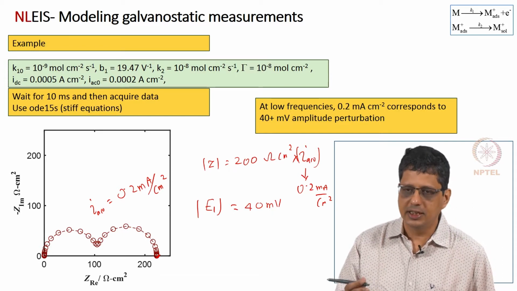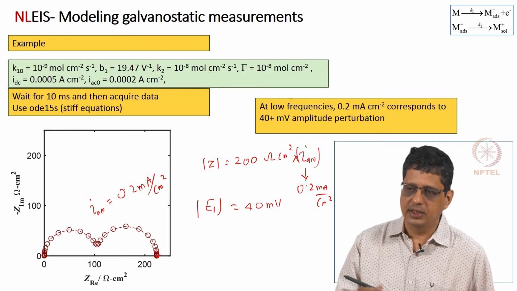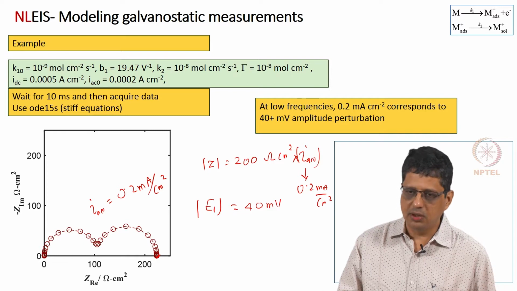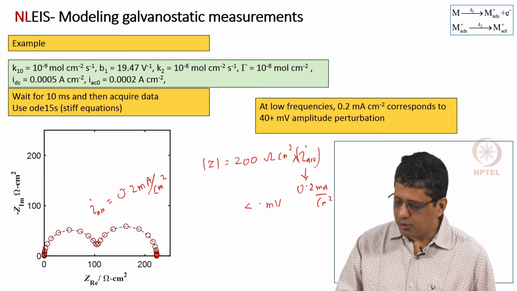One has to verify by changing this amplitude and seeing whether the impedance at any frequency is independent of this amplitude. But in general, if we say 10 millivolt, people normally believe that it is likely to be in the linear regime. If we say 40 millivolts, there will be questions.